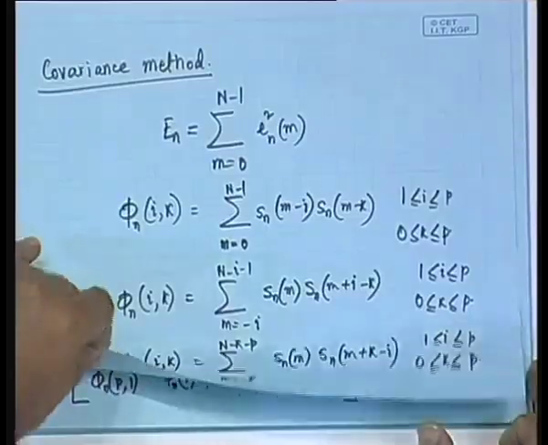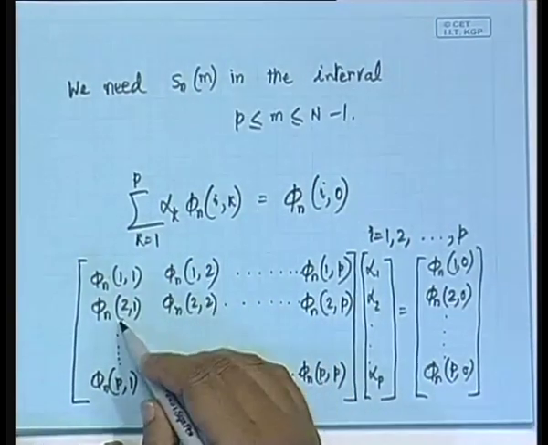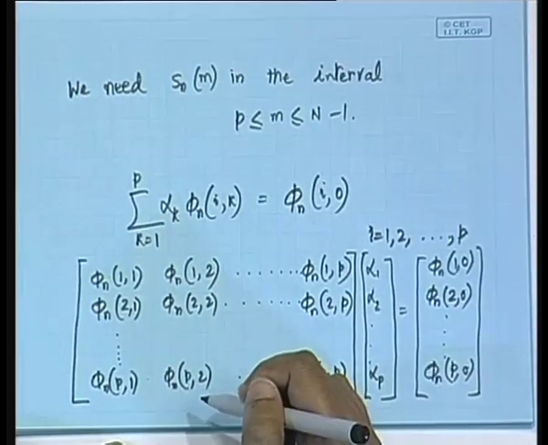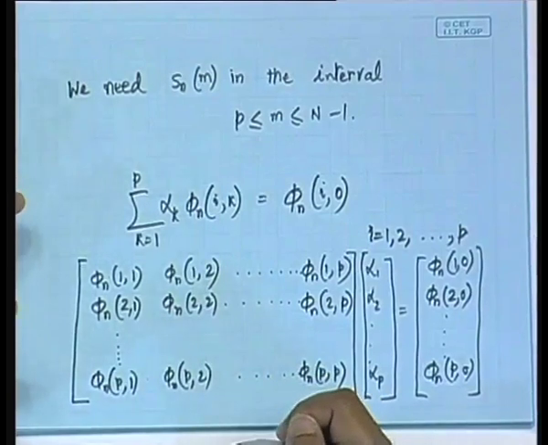Instead of I and k, if I write k and I, it is going to remain the same. So, phi n 1 2 is going to be phi n 2 1. So, it is symmetric about the diagonal. The only thing is that it is not Toeplitz, but it is a symmetric matrix. So, there should be good techniques for its inversion also. It may not be like the Toeplitz matrix, but even inversion of this should be possible.